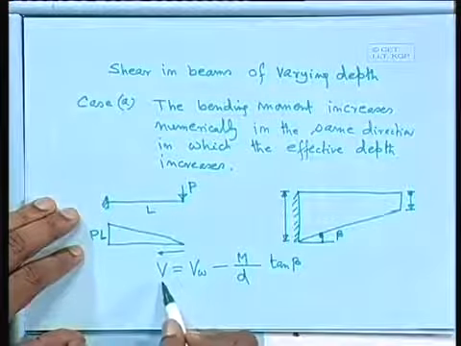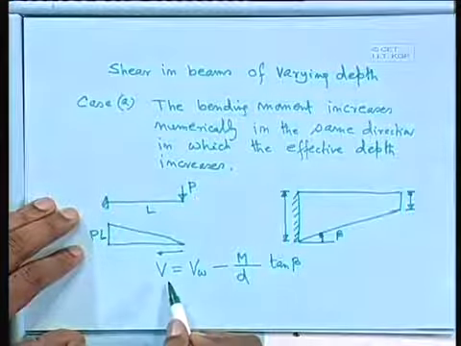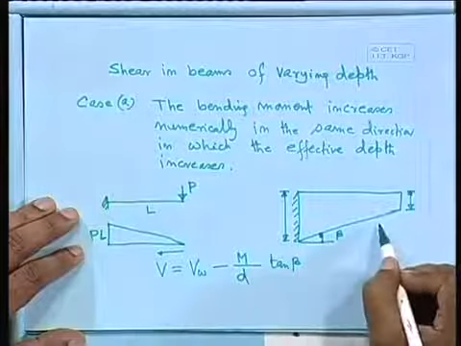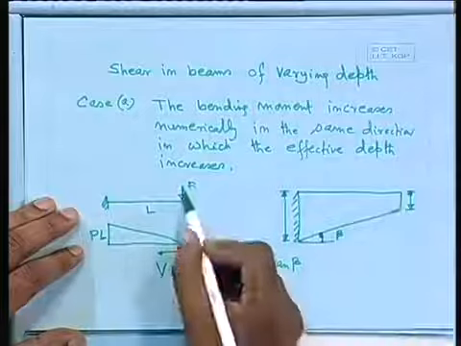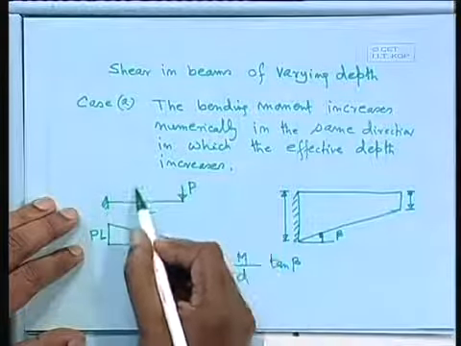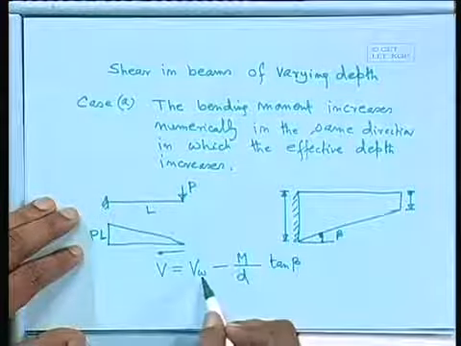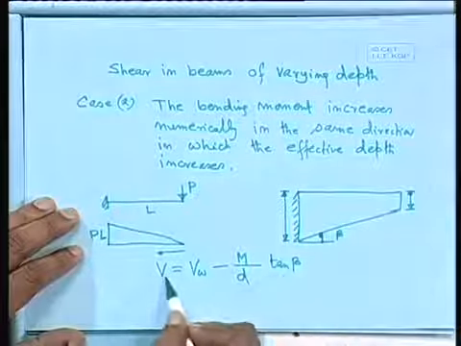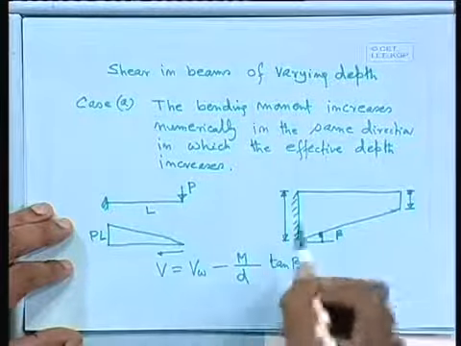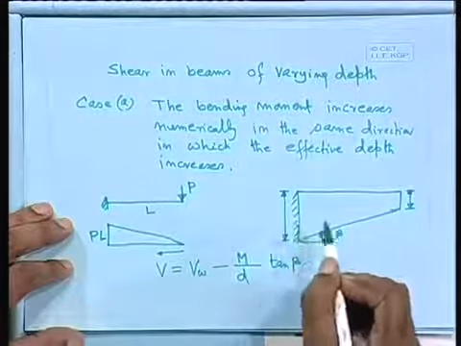So that modified V, due to this varying depth, the shear force will be modified. Actual shear force due to this applied load at a particular cross section, we shall get a certain V_W, that is V_W minus M by d tan beta. So we shall get the V for which we have to design for shear. So this is one case.